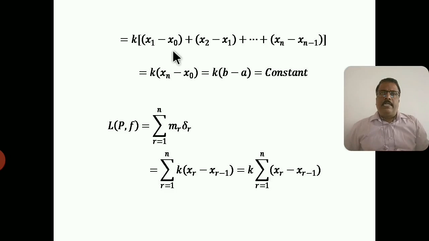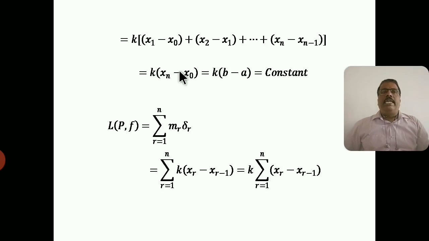Now in this, see here, plus x1 then minus x1, then plus x2, and again here one x2 will come when we take the third term. So plus x2 and minus x2 will get cancelled. Similarly plus x3 minus x3, plus x4 minus x4 and so on, they will cancel each other. Only two terms will be left, that is xn and x0.